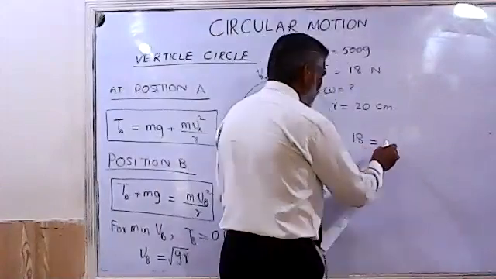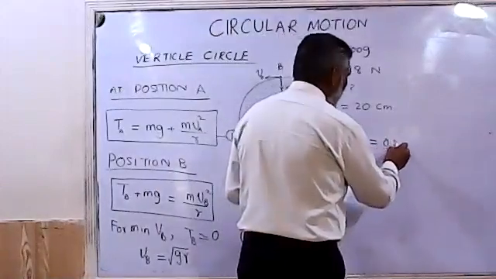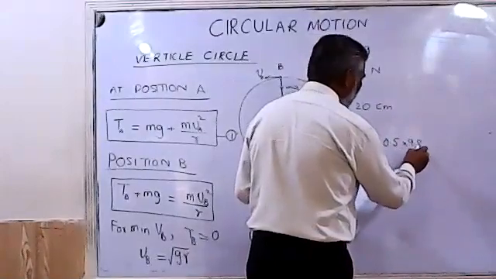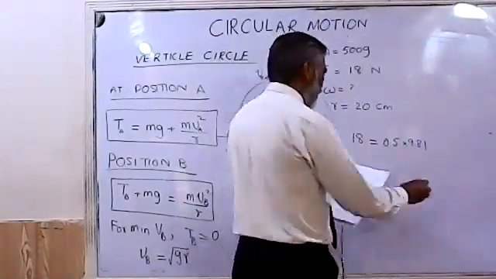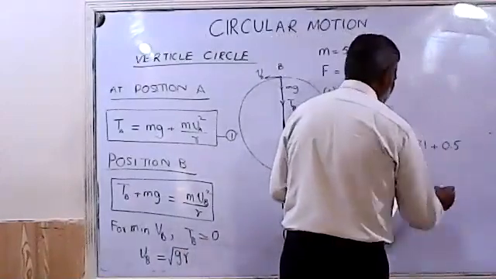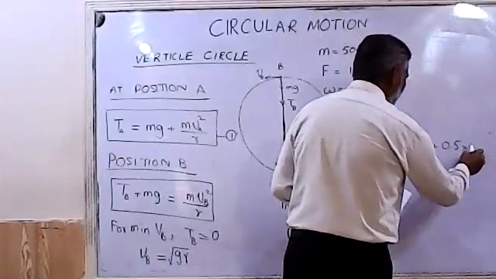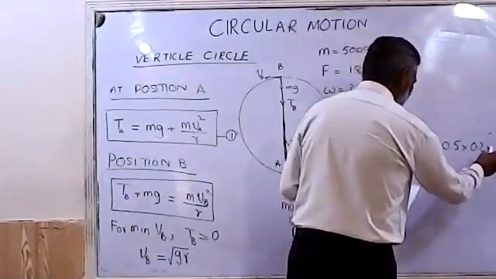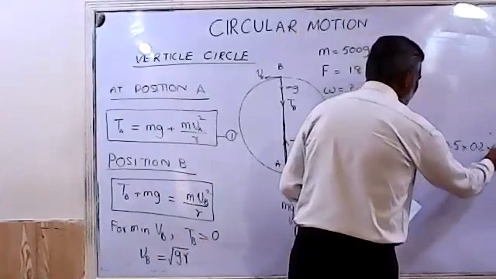equal to 0.5, which is the mass, into 9.81, the value of g, plus 0.5, the mass again, radius is 0.2, into omega square.